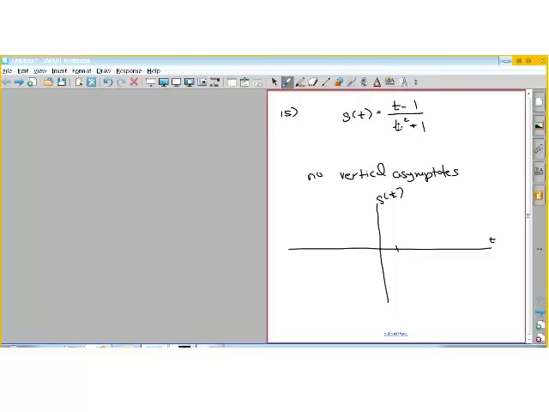And if you set t equal to 0, which is going to be the y-intercept, you end up with -1 over +1. So it's going to actually intersect the x-axis here, and it has a horizontal asymptote of 0. When it goes to negative infinity, you've got a negative number over a positive number, because a negative number squared is positive.